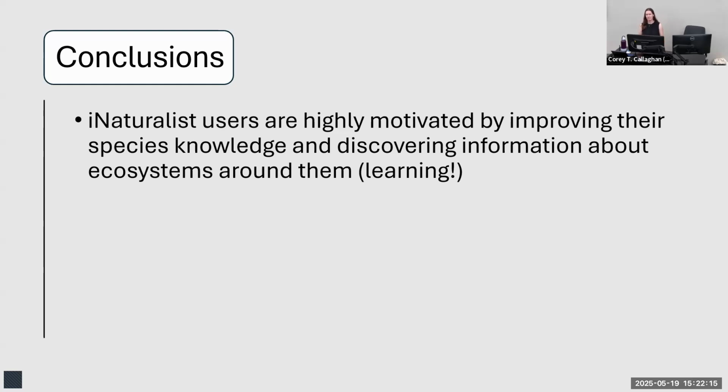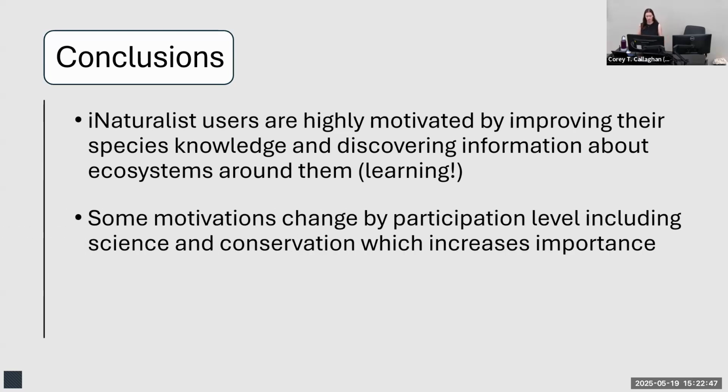Even though learning has certainly been documented as a motivator for participating in projects before, it is interesting because if you can remember all the way back to the beginning slides, I was talking about how we predict that egoistic motivators, which learning is, something centered in yourself and improving something for yourself, are expected to decrease in importance. But what we're seeing here is that they are just remaining highly important for every participation level.